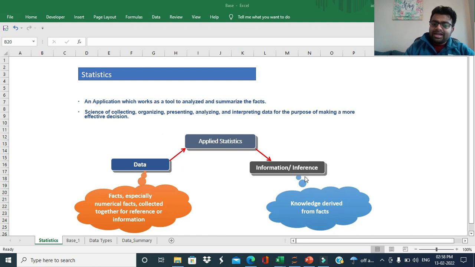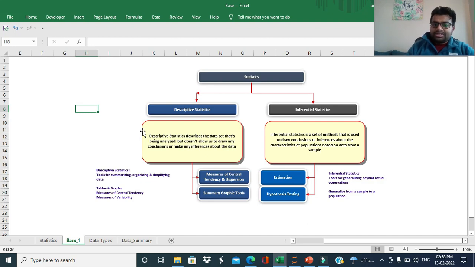However, let's first understand the different scales of measurement on which the variables or factors are being analyzed. Let's quickly understand the different components of statistics. Statistics can be divided into two components.